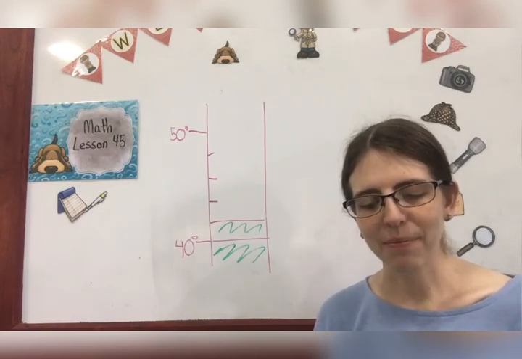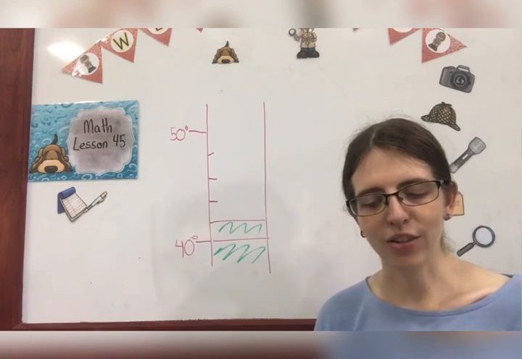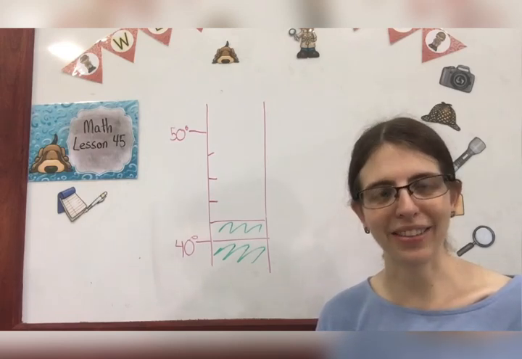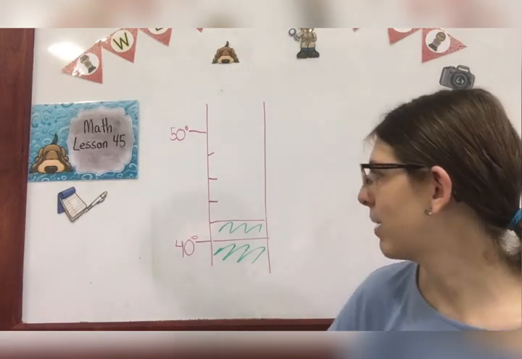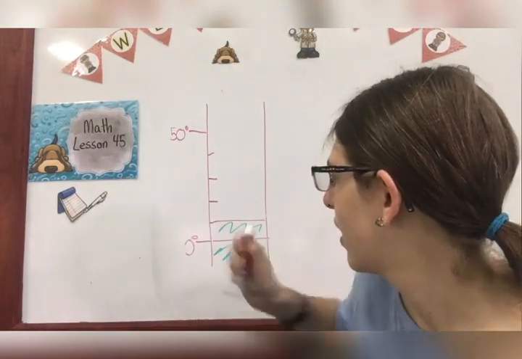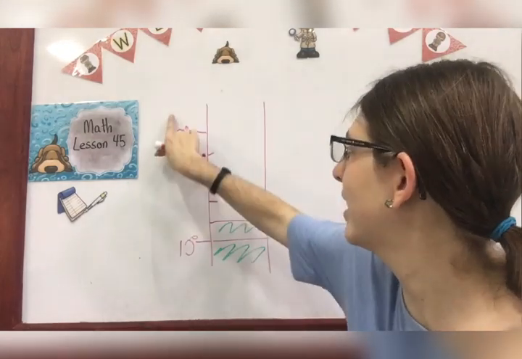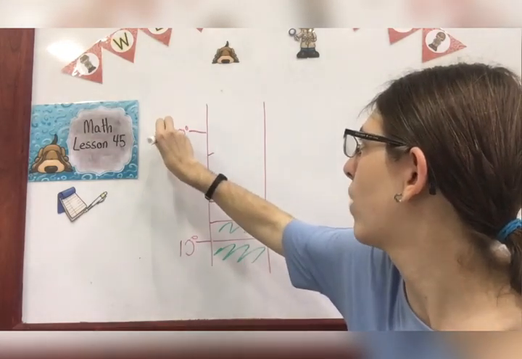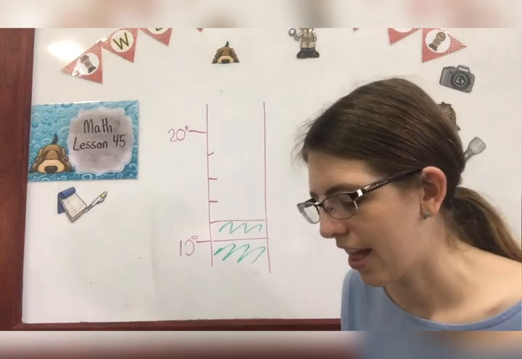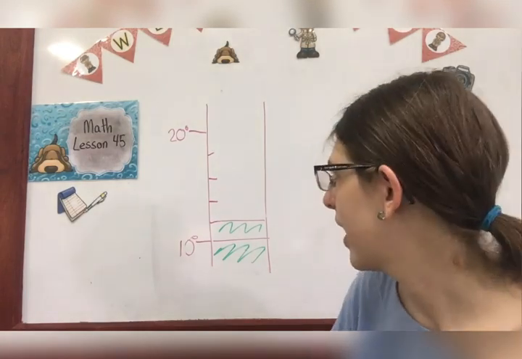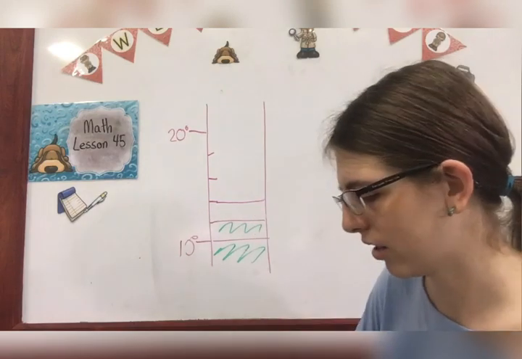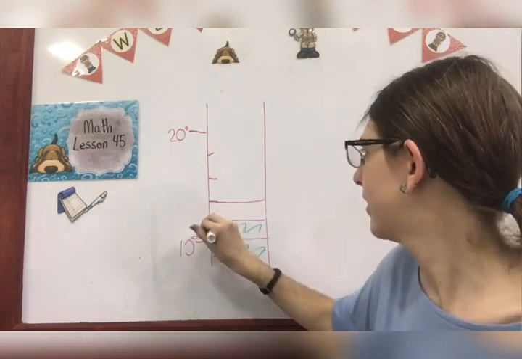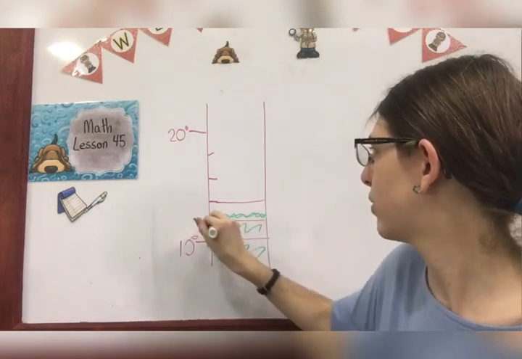Letter C, you have 10 degrees Celsius and 20 degrees Celsius. In this one, let me change my illustration right here. So you have 10 degrees Celsius and you have 20 degrees Celsius. This time, instead of going all the way up to the second mark, it stops right here in between.